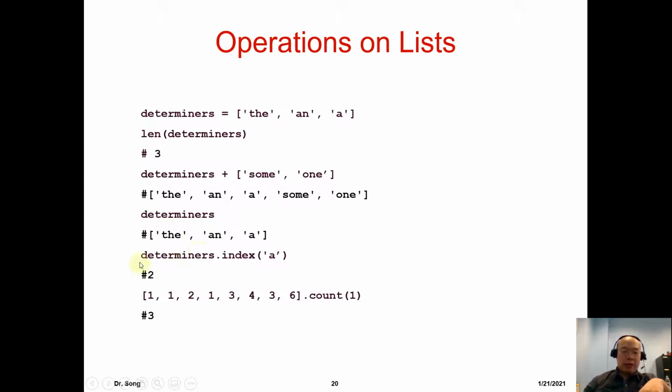For this one, determinants.index(A): we have a list of the determinants, and we want to get the index of the item A, and then we will have a 2. So let me ask this again, is that a function call or a method call? It should be a method call, because we are doing object dot a method name again.